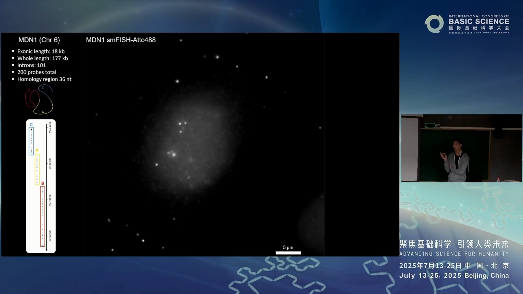Now, what does that look like exactly? This is an image of a cell under these conditions. We chose one gene, one mRNA specifically. What you see here is the nucleus of the cell, and the cytoplasm of the cell is all around. And each one of these dots is one copy of this mRNA.